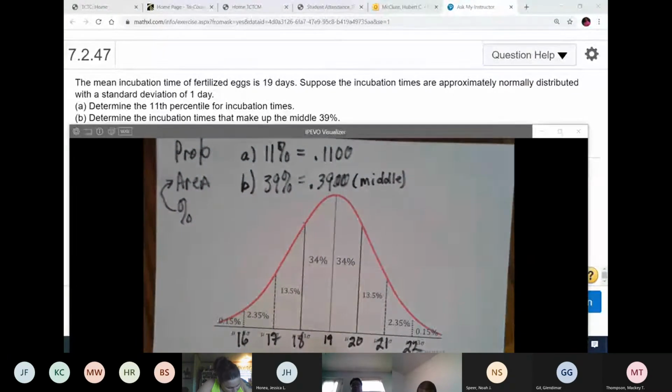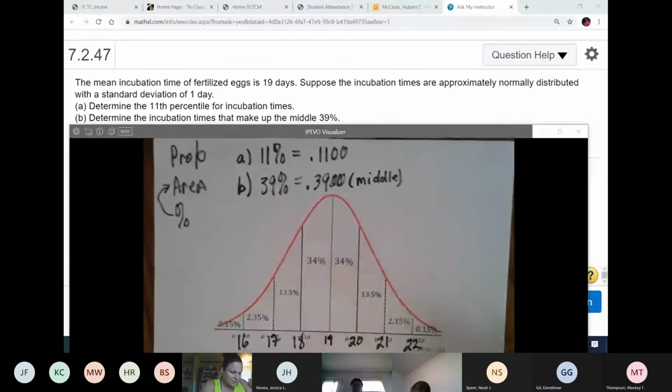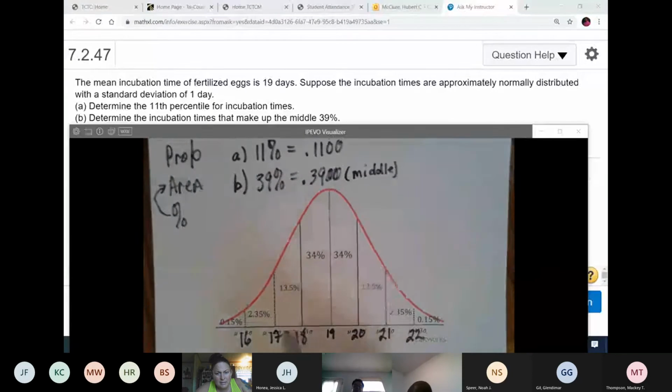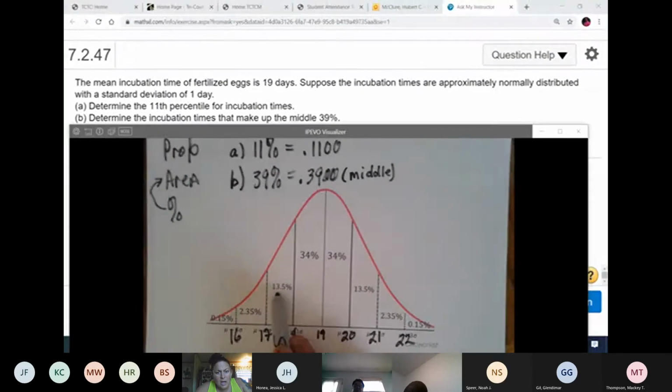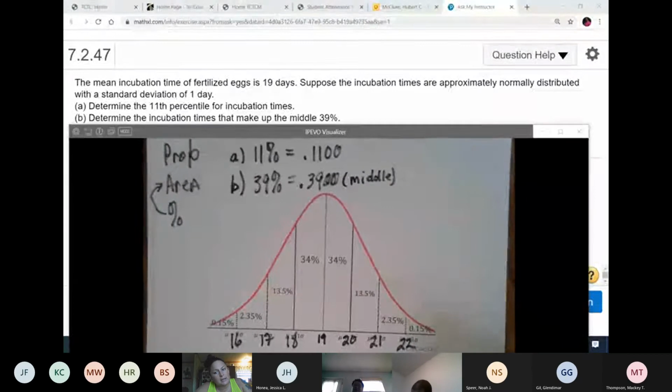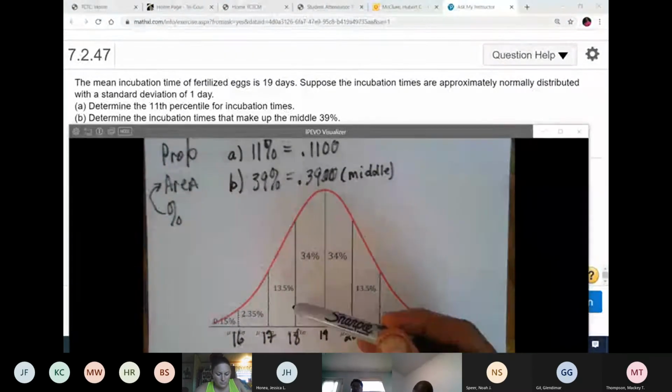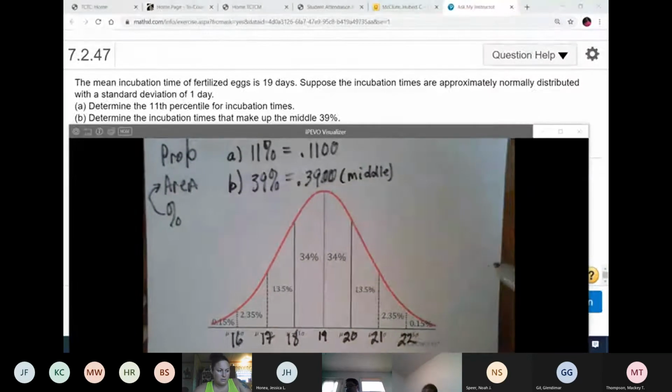Okay, so somebody tell me where 11% is. Below 16. Below 16 or below 18? It's less than 16. Okay, there's 13% right here. Yeah, 13%. So 11% would be where? Let's see, that's 13% up to here.